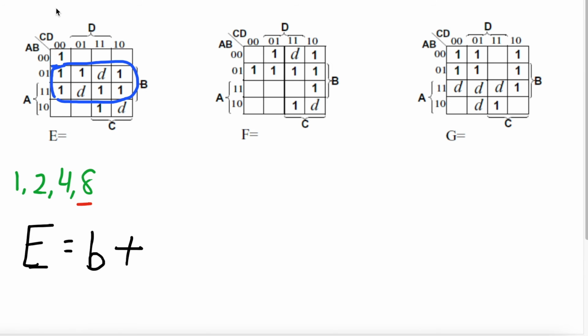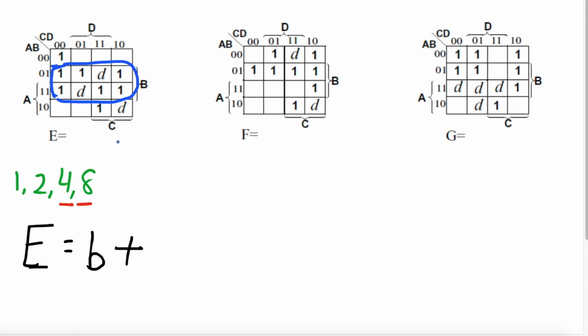Now let's see what our next box is. We circled 8 boxes, and there's no other 8 boxes that we can circle. So what else can we circle? Let's go to 4 boxes. We're going to move down and see, are there 4 boxes that we can circle that have not already been circled?